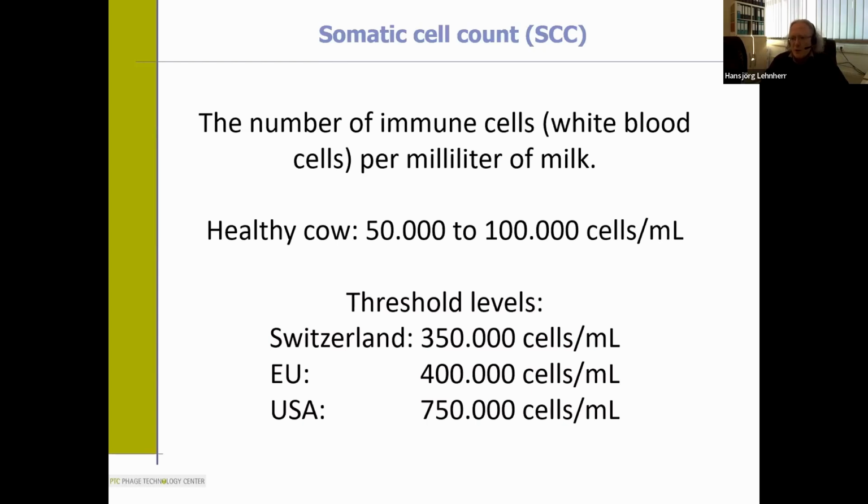So the farmer can no longer sell this milk. And that is a big problem for a farmer because to feed a cow very quickly becomes unprofitable if you can't sell the milk. So the farmer will turn to the vet and tell him, cure this cow.